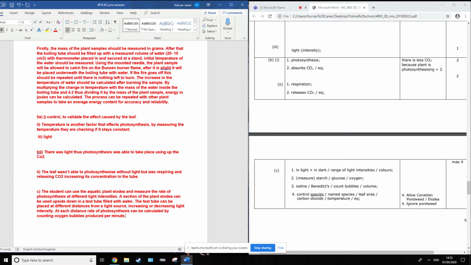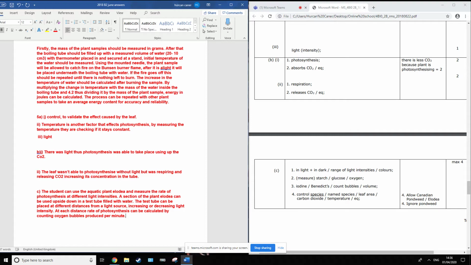The student can use aquatic plant Elodea and measure the rate of photosynthesis at different light intensities. A section of the plant Elodea can be used upside down in a test tube filled with water.